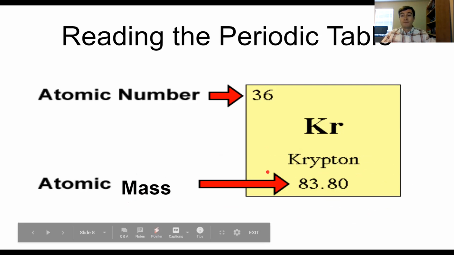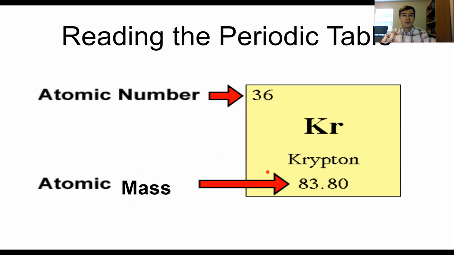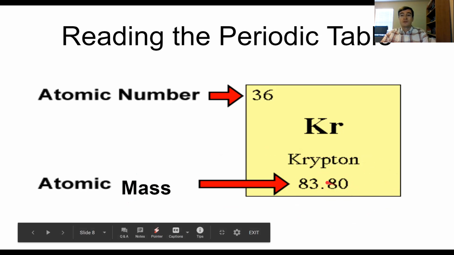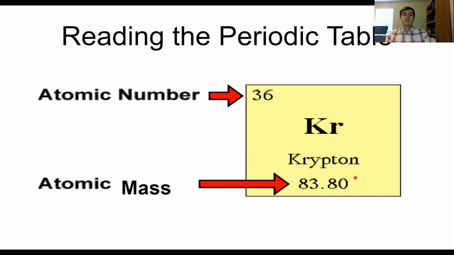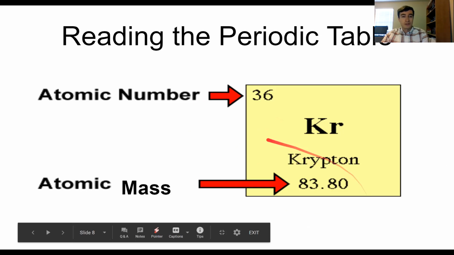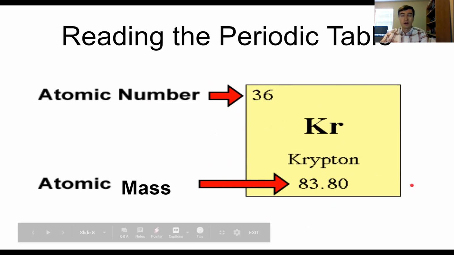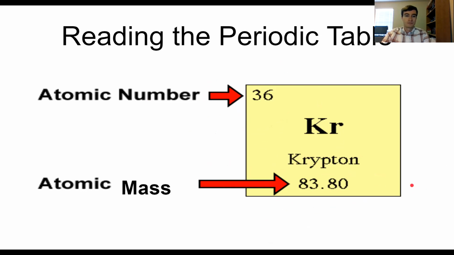Usually on a full-size scientific periodic table, it'll be something with a decimal because they took super precise measurements of these different weights. And we'll talk about how we deal with that in a little bit. But the main things to know for right now is the smaller number up top is the atomic number, and the bigger number down on the bottom is the atomic mass, or the atomic weight.